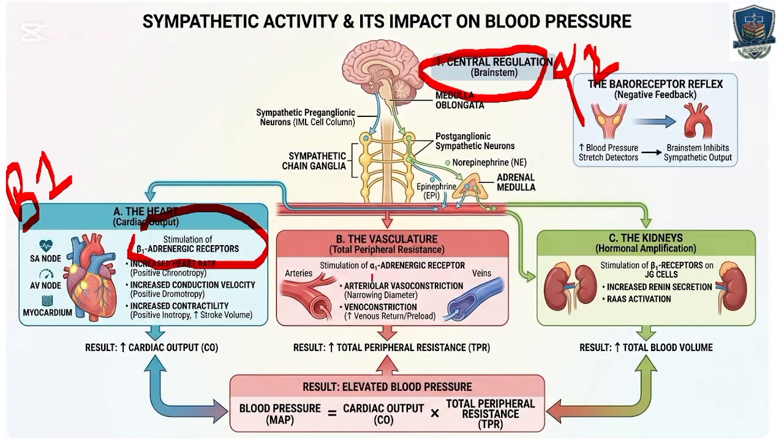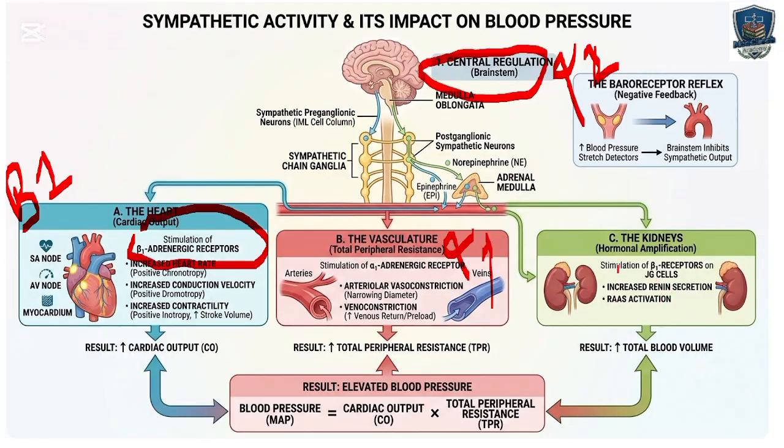Remember, in the smooth vascular muscles, what we find there are the alpha 1 receptors. In the kidneys here, we also have the beta 1.